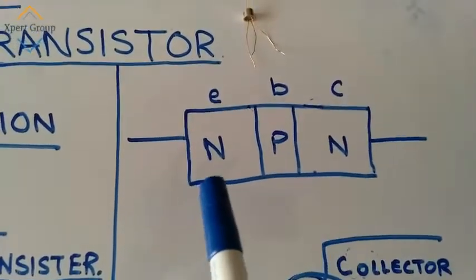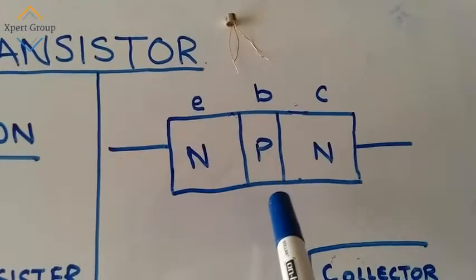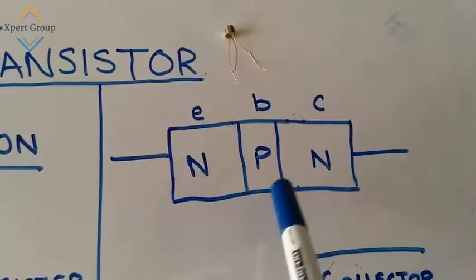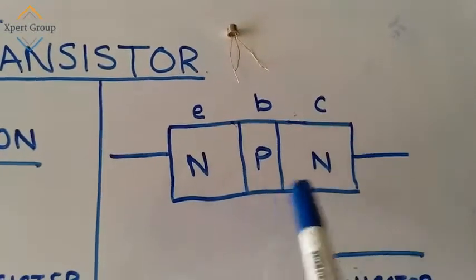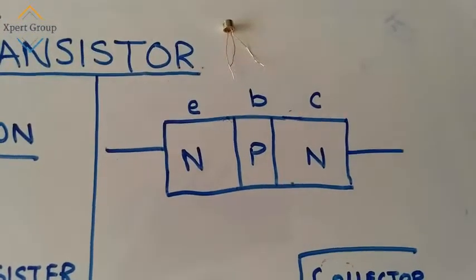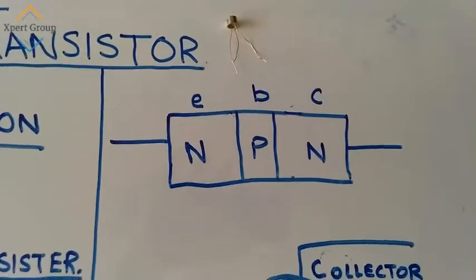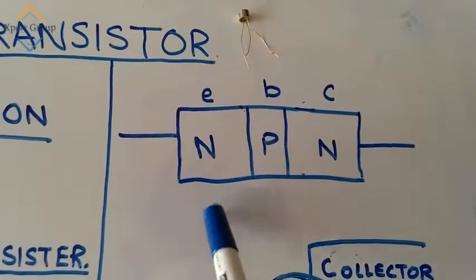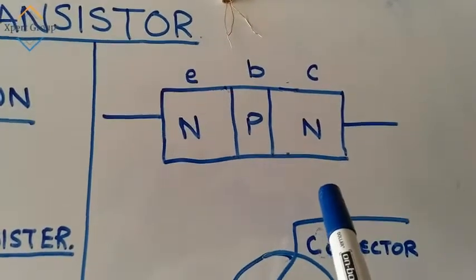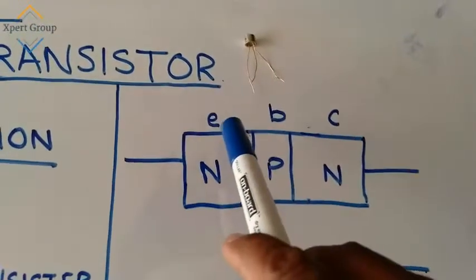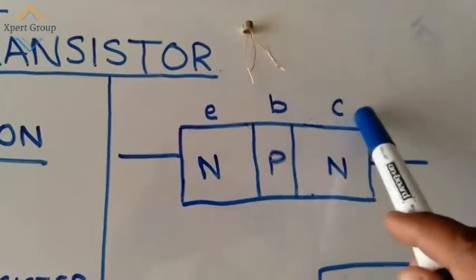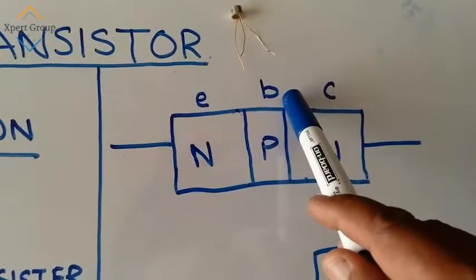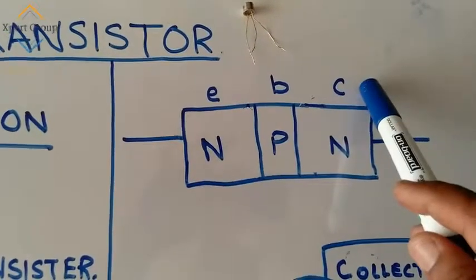You can see that the odd material, the P-type, is sandwiched between the two other layers that are N-type. One more thing: the P-type material is a little bit thinner than the other two layers. Here you can see a small E, B and C. E stands for emitter, B stands for base, and C stands for collector.